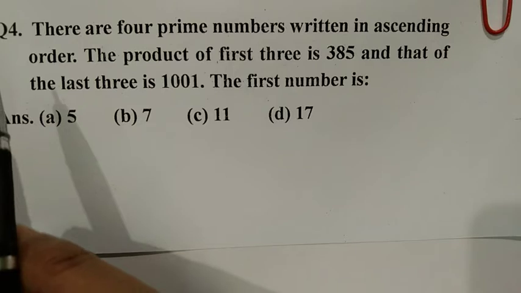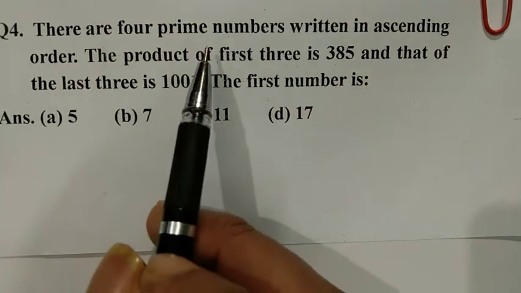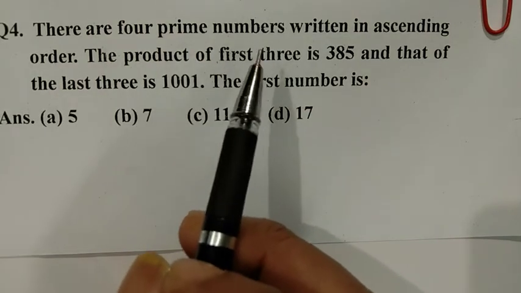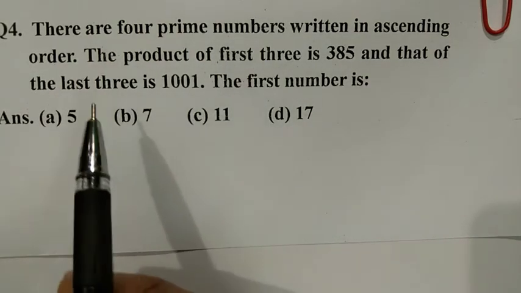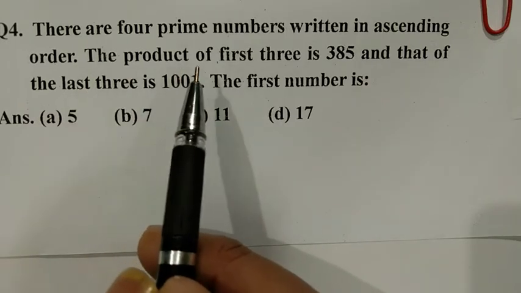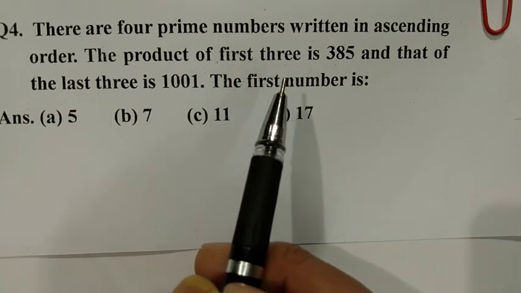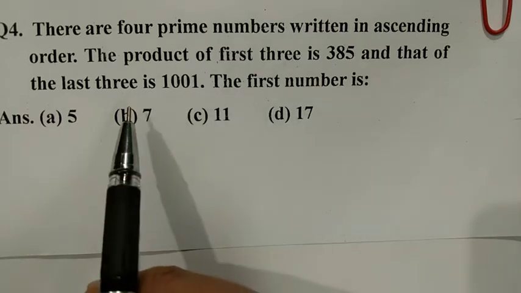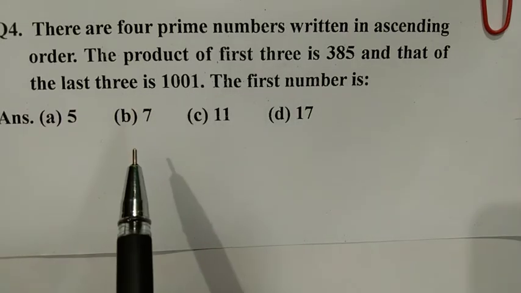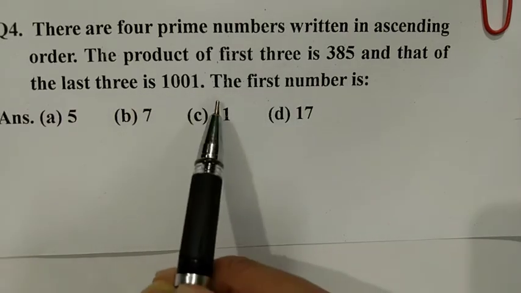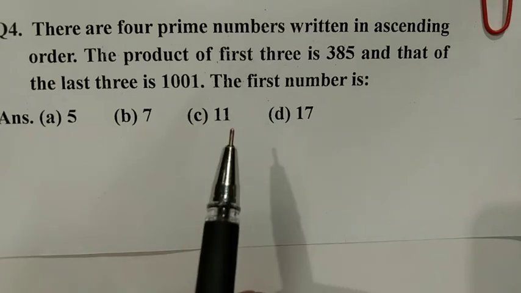Next question. There are 4 prime numbers written in ascending order. The product of the first 3 is 385 and that of the last 3 is 1001. The question is, the first number is?